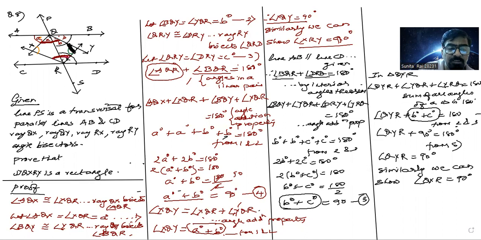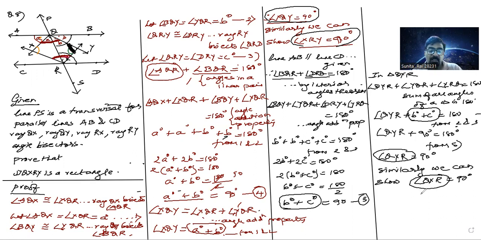First, I showed this angle as 90. Then I showed QYR as 90, the third angle. And now I'm showing you the fourth angle, QXR, as 90. So all the 4 angles have become 90.